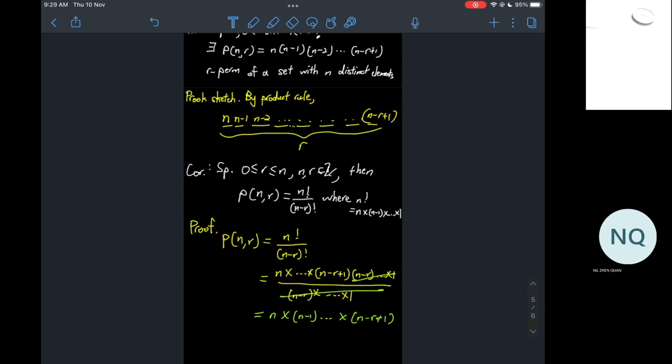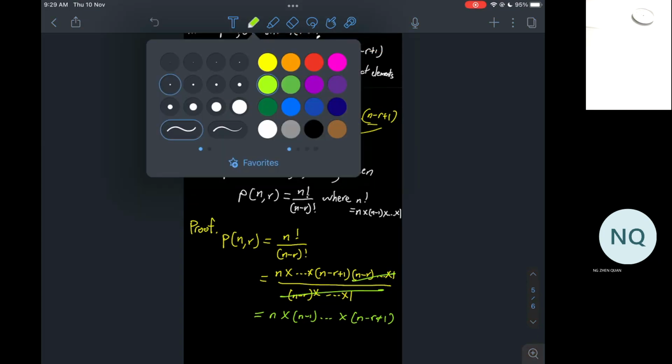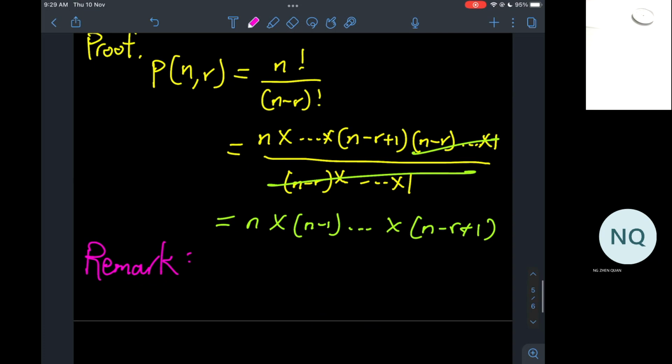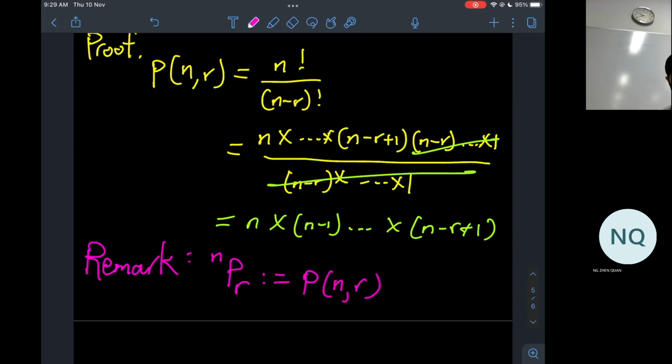I should make a remark here. Sometimes we will write nPr. It's the same thing as P(n,r), which is your textbook notation. I heard from the Chinese students that you learn it like this. Is that true?